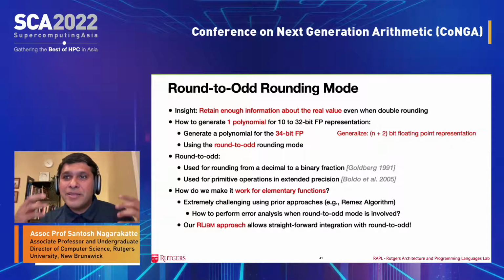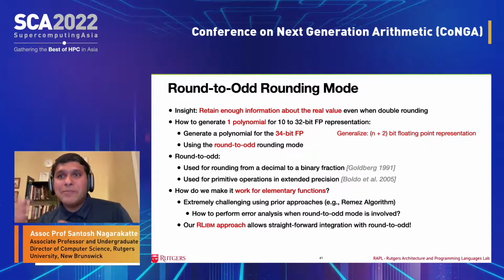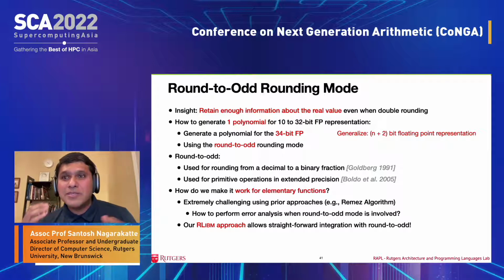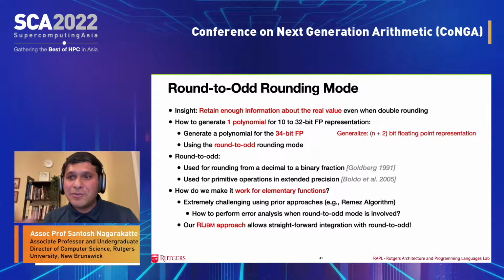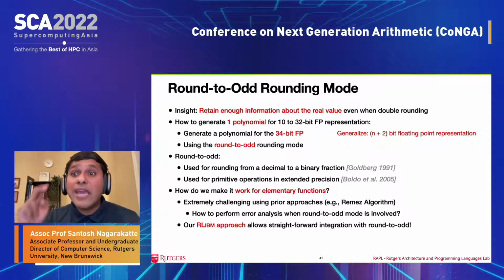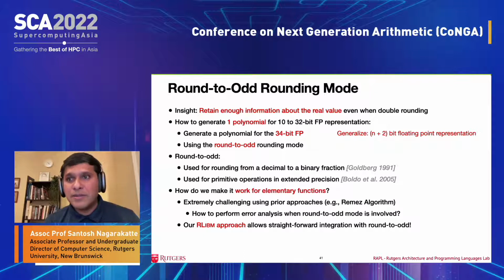Since people have been primarily focused on round to nearest ties to even and on minimax approximations, they did not discover this insight. If you want to, you can probably apply the same thing with minimax, but it requires new numerical analysis and error analysis techniques to make this feasible.